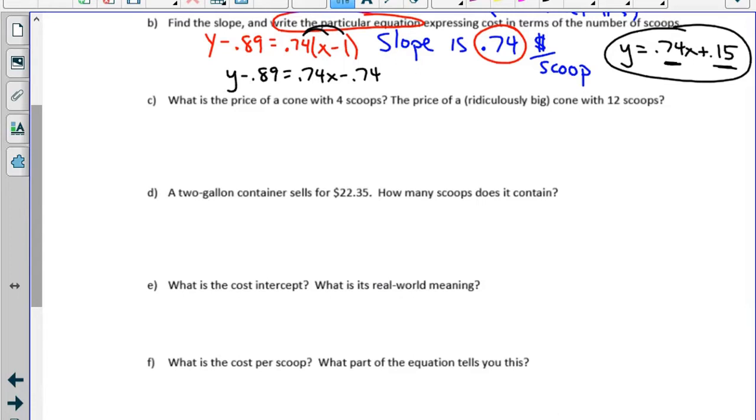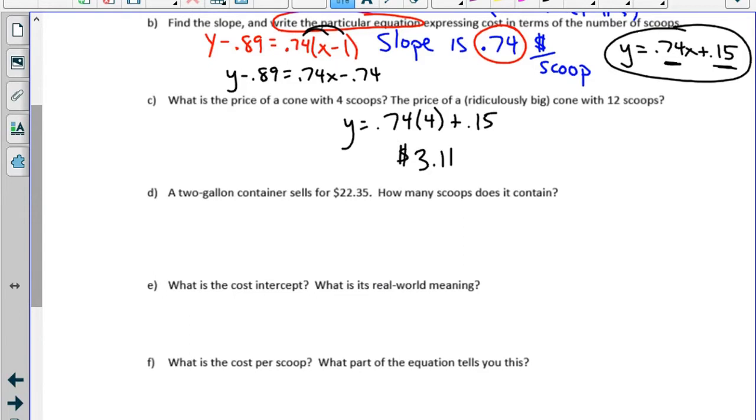So what's the price of a cone with 4 scoops? So what I would end up doing is I would take y equals 0.74 times 4 plus 0.15. And after I do that, I'll end up with an answer of 2.96 plus 0.15, so I get $3.11.